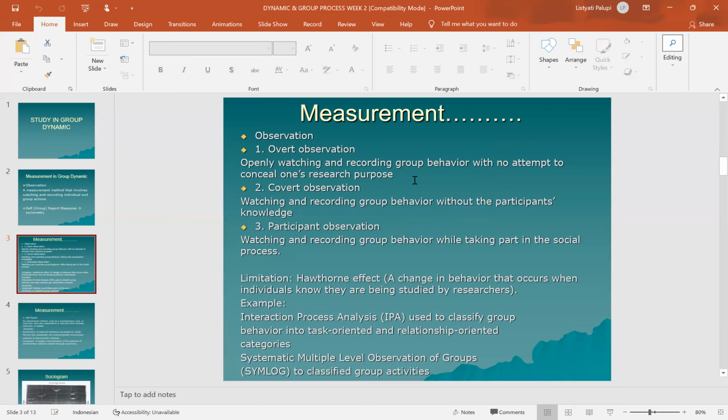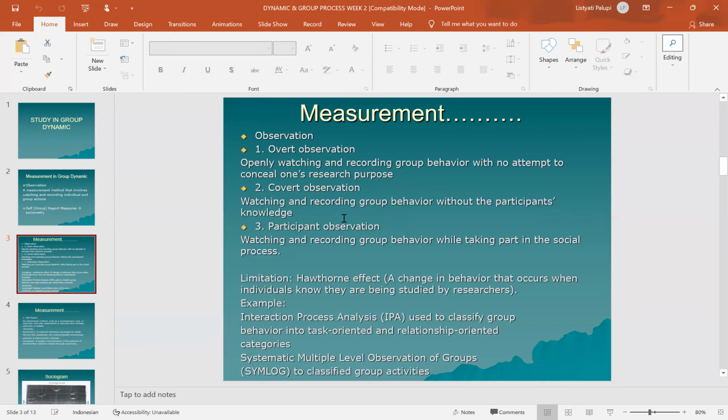So in overt observation, the group that is being investigated is aware of the presence of the observer, while in covert observation, the group being investigated is not aware of the presence of the observer. That's the difference between overt and covert.